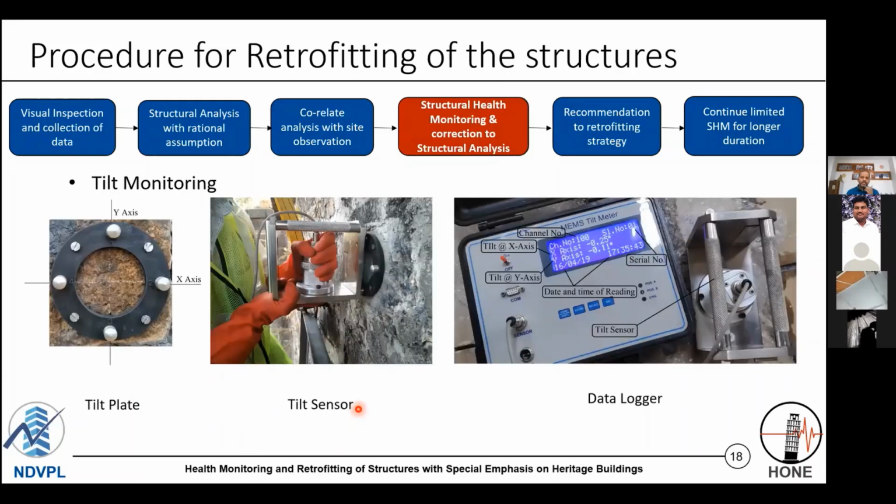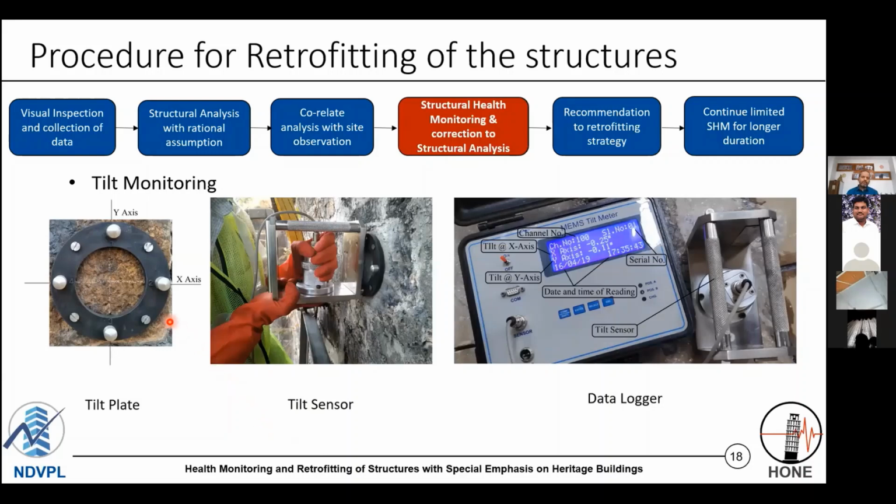Here you can see tilt monitoring. The equipment is basically simple. The technologies are very basic, because everything ultimately boils down to the basic principles of physics. As you go deeper into these equipments, you will understand that they operate on very simple principles of physics.